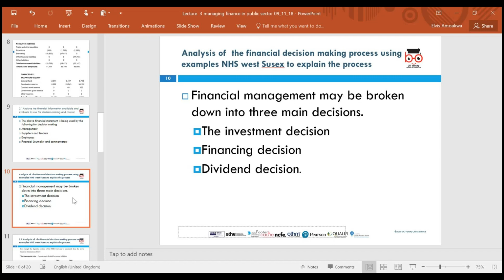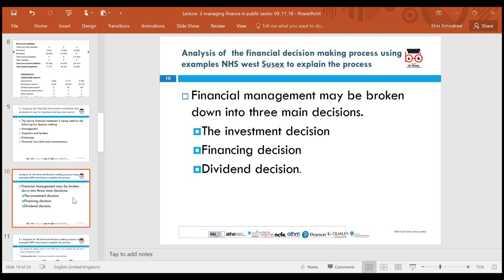And then the financing decision. If any bank wants to finance NHS West Sussex, they are going to decide, looking at the financial position of NHS West Sussex, their balance sheet, whether it is something that the banks will be willing to put money into. So in terms of financing the organization, you have to base all your decisions on the financial information provided by the organization in a particular year.